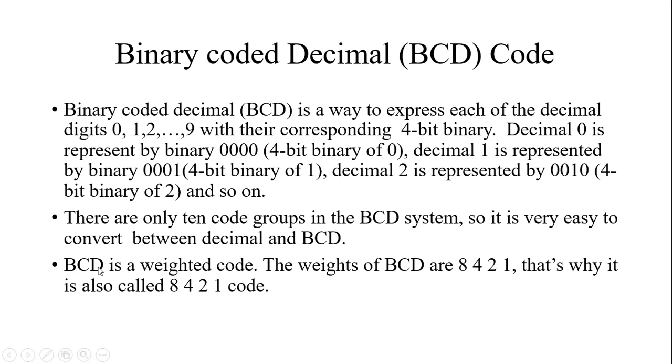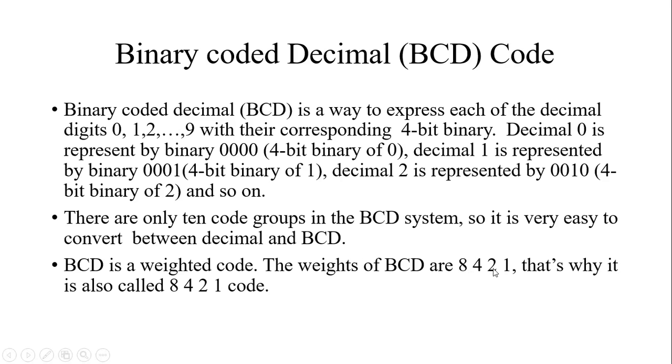BCD is a weighted code. The weights of BCD are 8421. BCD has a number of types. The type of BCD which represents the decimal digits 0 to 9 is called 8421 code.